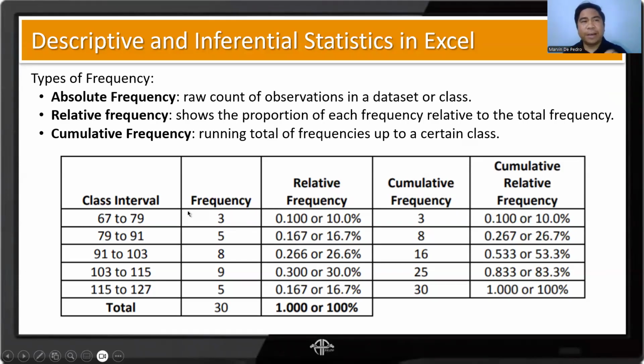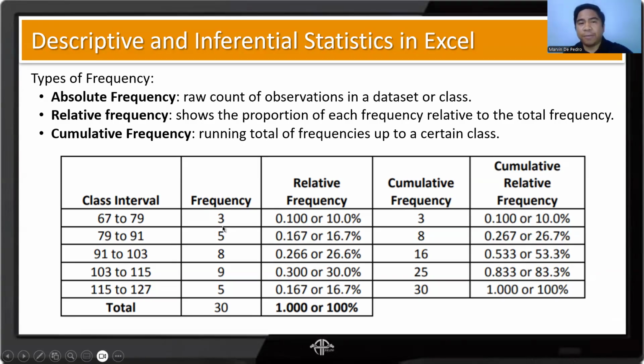And then we may compute the relative frequency, which shows the proportion of each frequency relative to the total frequency, or our sample size. So the total frequency of 30 here is actually our sample size as well. So everything will be divided by 30.